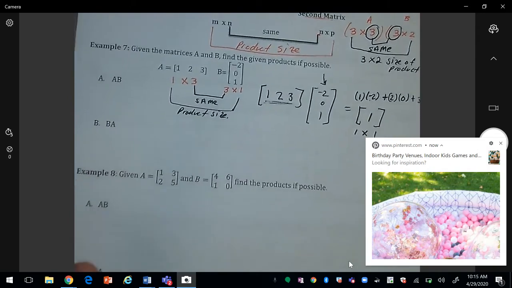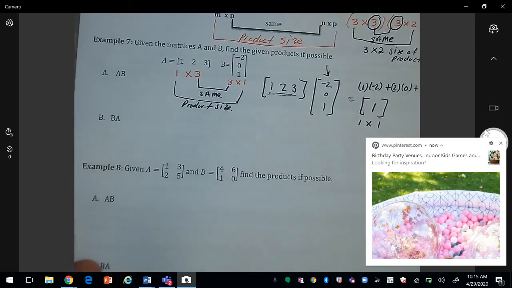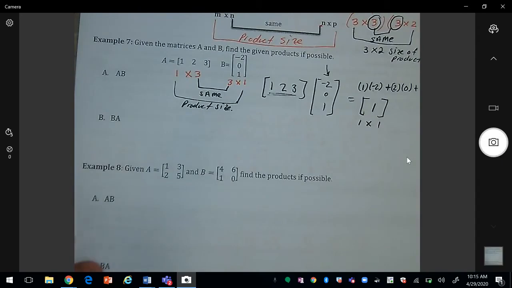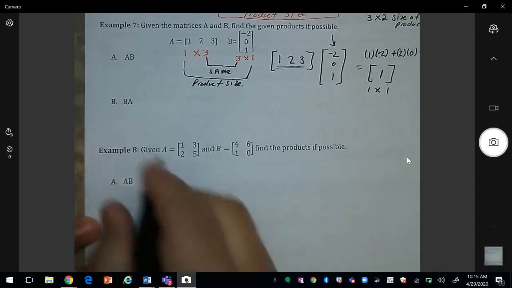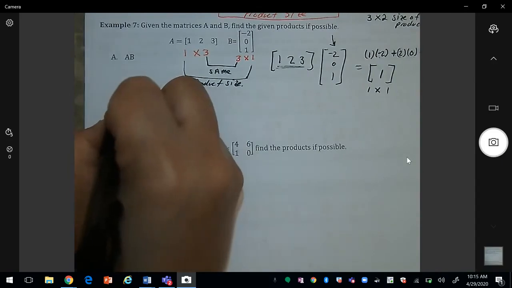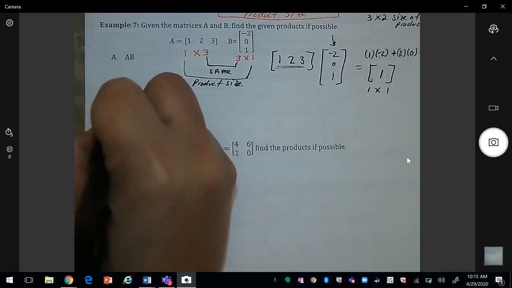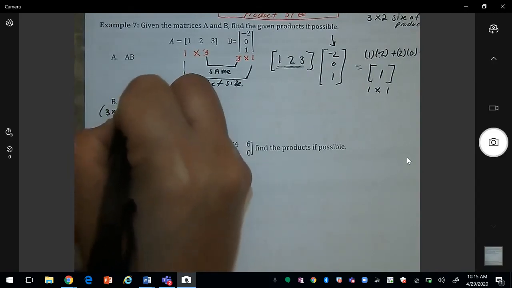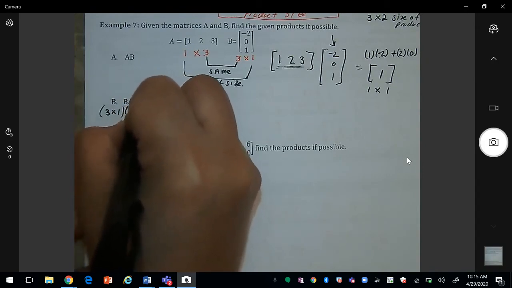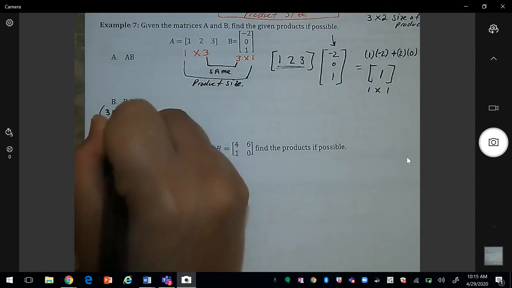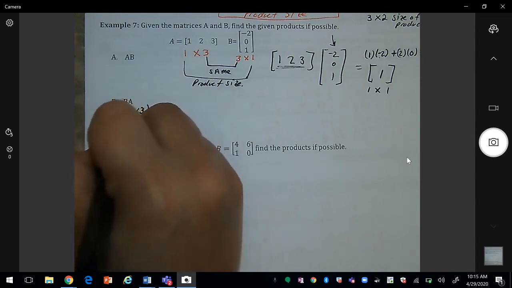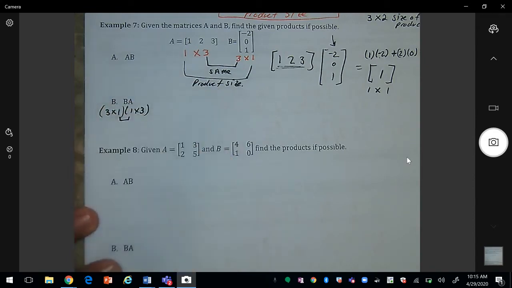Let's check letter B. So for letter B, the size of matrix B again is 3 by 1. And for A is 1 by 3. So we can multiply because the inside numbers are the same.